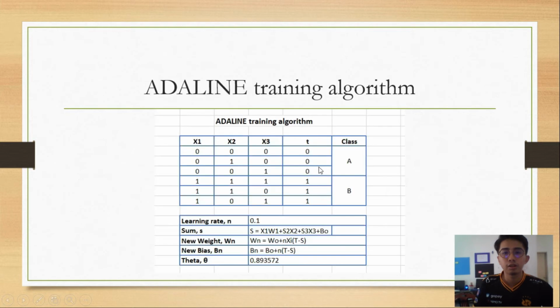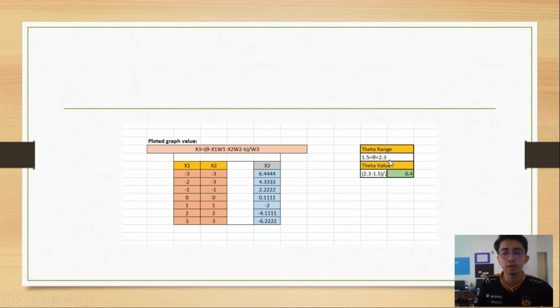So we take them and make them the theta range. That will give us the range 1.5 is less than theta, and theta is less than 2.3. To find the theta value is simply by subtracting 2.3 minus 1.5 and dividing it by 2. That will give us the value of 0.4.